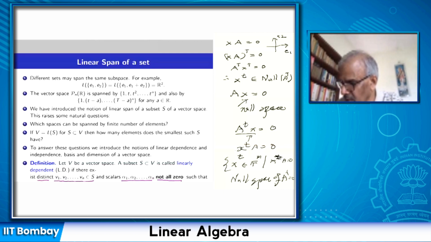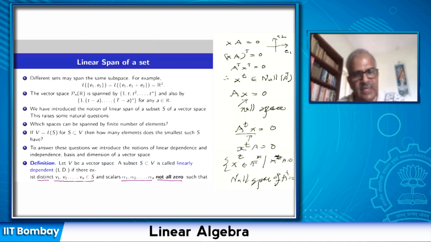At least one of them is non-zero, and the linear combination alpha 1 v1 plus alpha 2 v2 plus ... plus alpha n vn is 0. Then we say these distinct vectors v1, v2, ..., vn are linearly dependent.